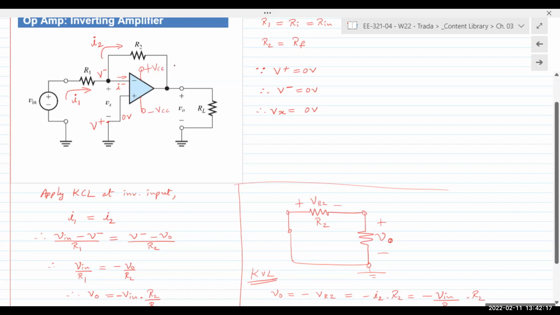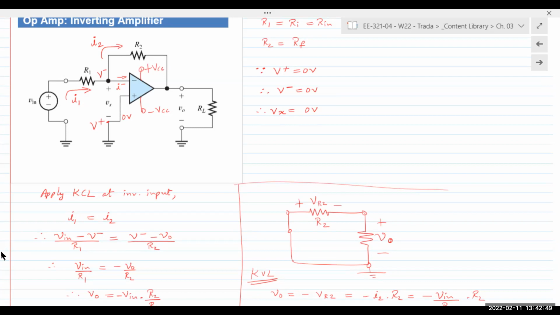That's where most of the current comes from. The actual source current is going to be very, very small, and the op amp does a really good job by having high input impedance, not loading whatever quantity we want to measure. Other questions?